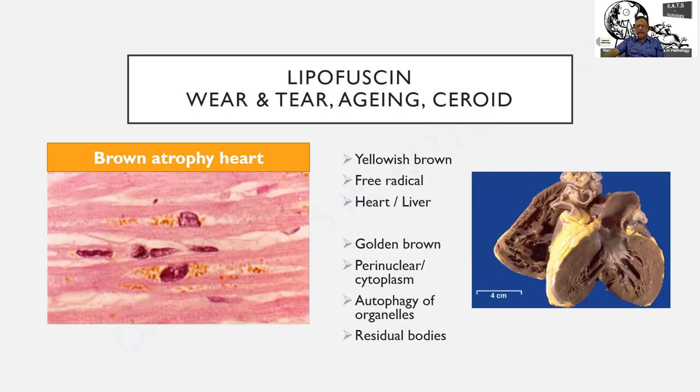So yellowish brown, and they say that free radical is one of the causes for it. Simply put, it can be because of aging. Parenchymal organs such as the heart and liver will be having it. Golden brown, perinuclear in location, it is because of the autophagy of the organelles, which remain as residual bodies. So this is a heart, and I find that a slight change in color is there because of the pigmentation.